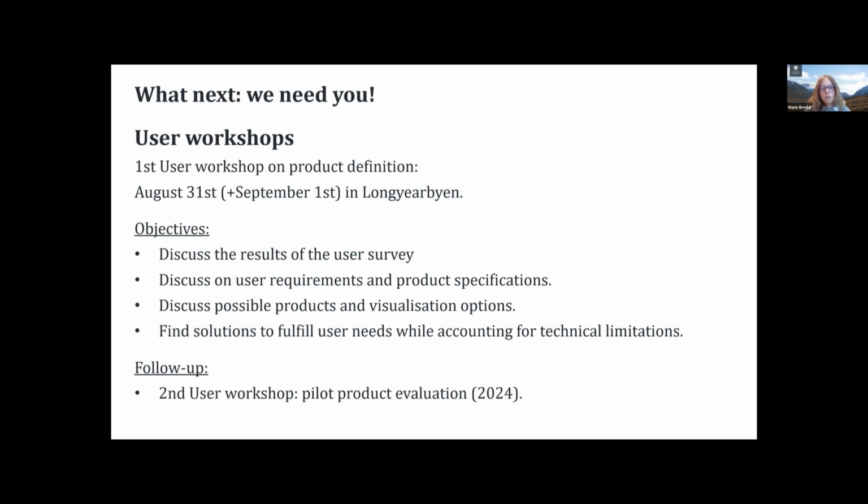And the aim is, of course, to find a solution that both fulfill the user needs and also take into account the technical limitation of the InSAR technique. And then, as mentioned, a follow-up user workshop after we have developed some pilot projects in autumn 2024.